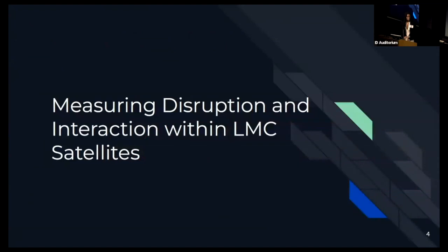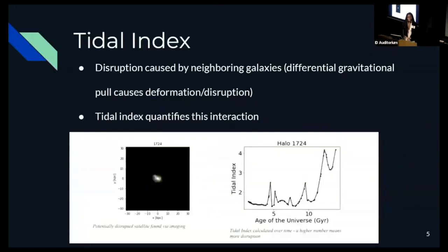Next, similar to Leo, I'm looking at measuring disruption and interaction within LMC satellites, and we've been looking at the tidal index. This is potential disruption caused by any neighboring galaxies, from the host or nearby satellites, through differential gravitational pull, and we use the tidal index to quantify this.